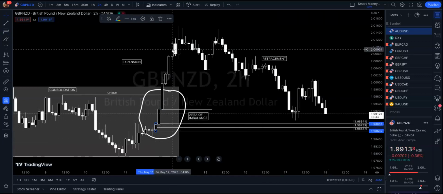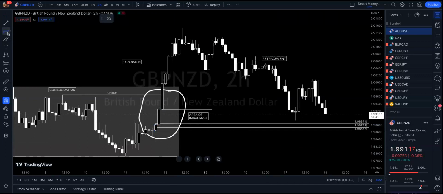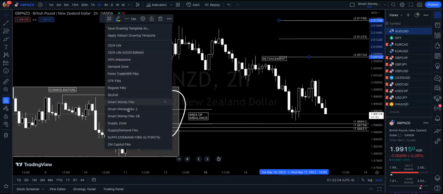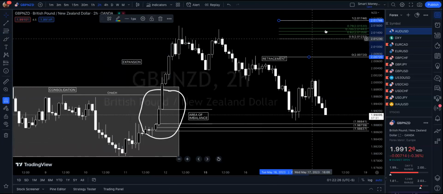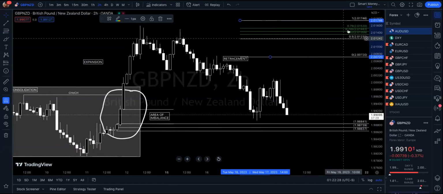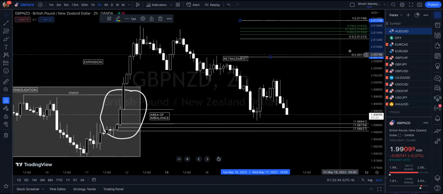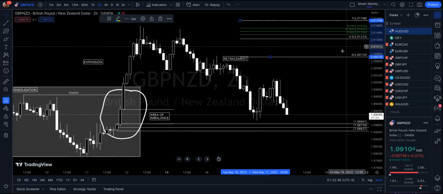And another way, watch this. Let me show you something. I learned this, it's a little trick. This is my smart money tool. See this green area right here? That's where price is most likely going to retrace to. Now, I'm not saying it definitely will, but most likely.